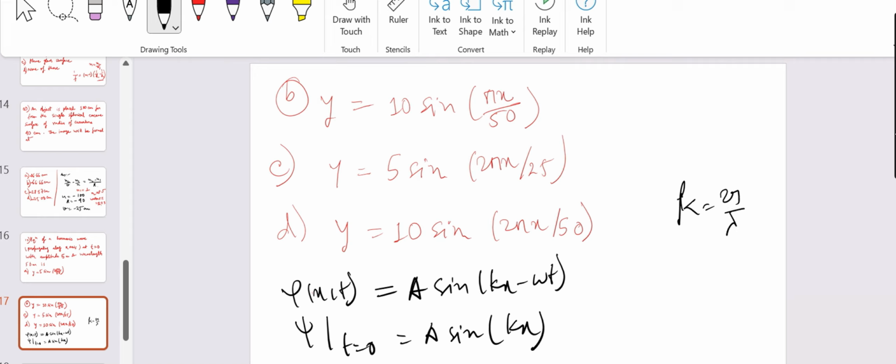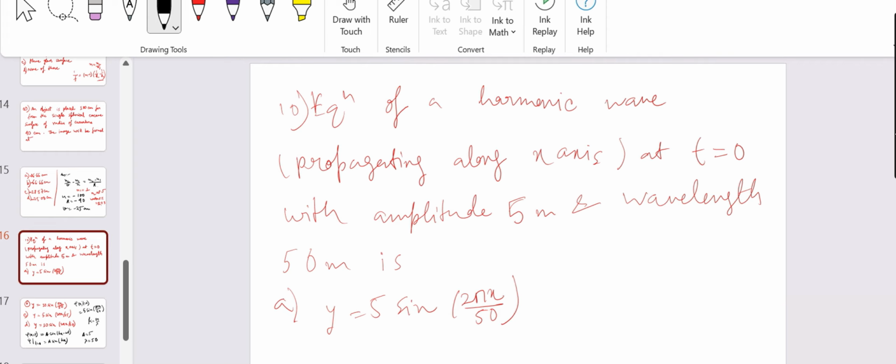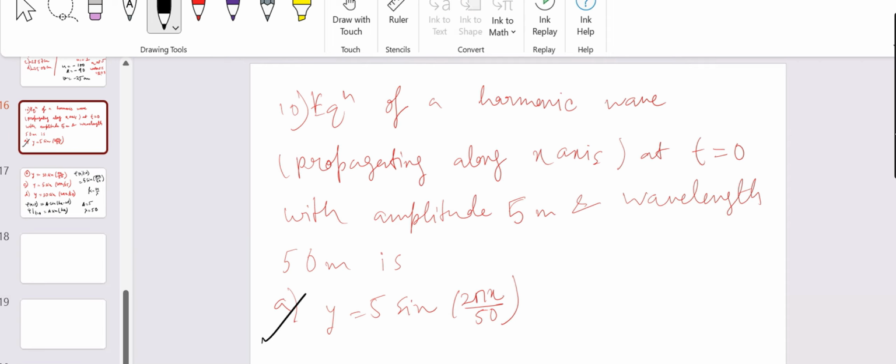Here it was said that amplitude is 5 meters, so A is 5 and lambda is 50. So the waveform would be 5 sine 2 pi x by 50. So this is the right answer.